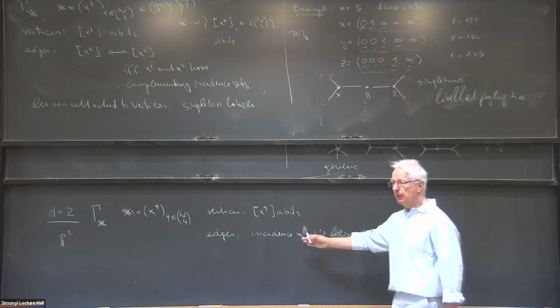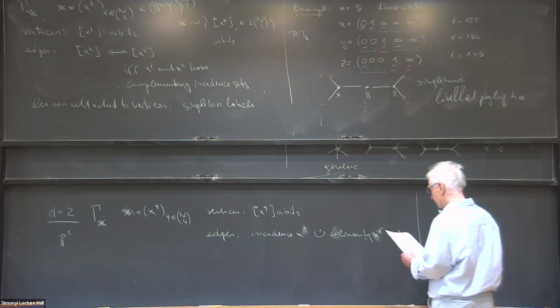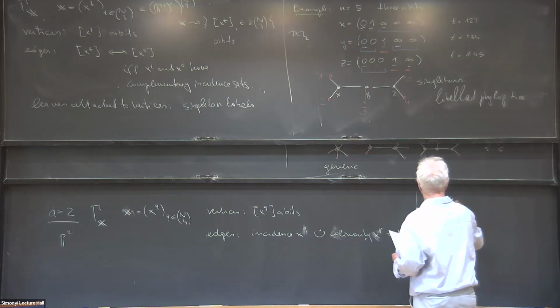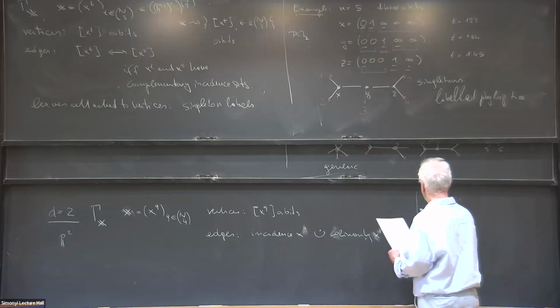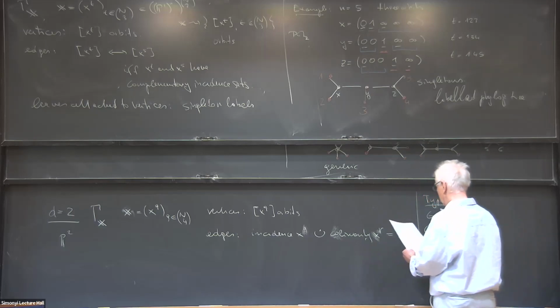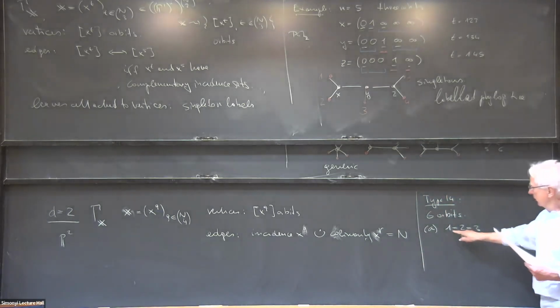Is it clear what I mean? So I give you the example. Now this is what we call type 14. We have 6 orbits, and I just give you the incidence sets. The first orbit has 1 equals 2 equals 3. I hope the meaning is clear.